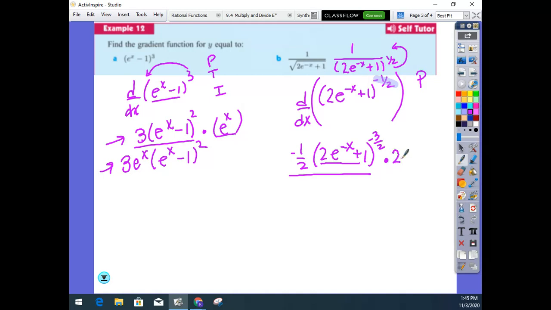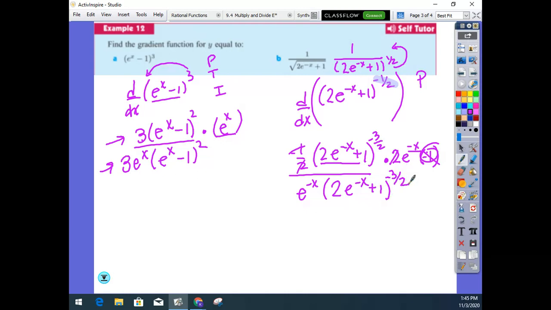So 2e to the negative x is just 2e to the negative x times the derivative of the exponent, which is negative 1. This 2 cancels out the 1/2. This negative 1 makes this negative 1 positive 1. And then I would just put e to the negative x in the front. Final answer.